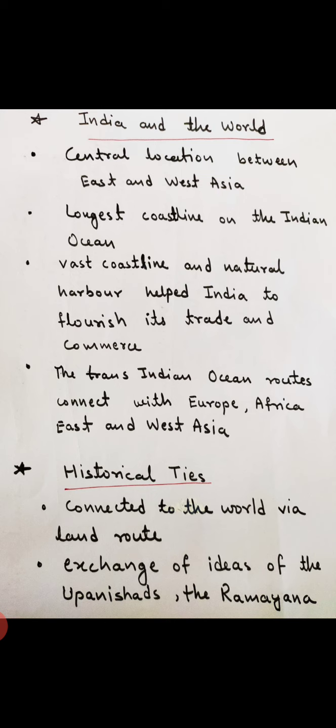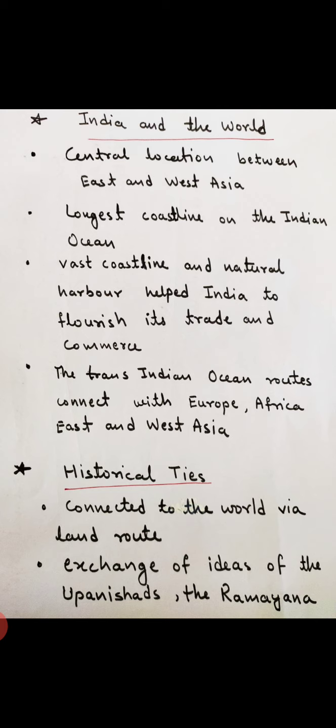Now, the historical ties. Before the development of the ocean routes, India was connected to the world via land routes. These land routes passed through mountain passes and were part of the famous Silk Route.